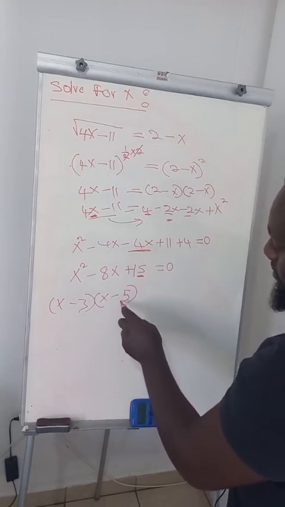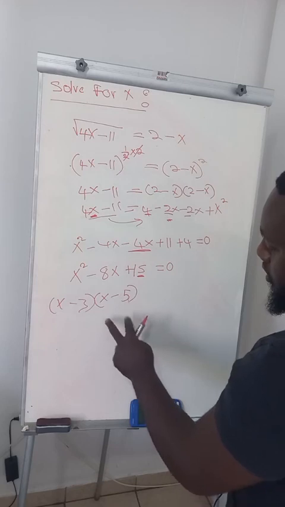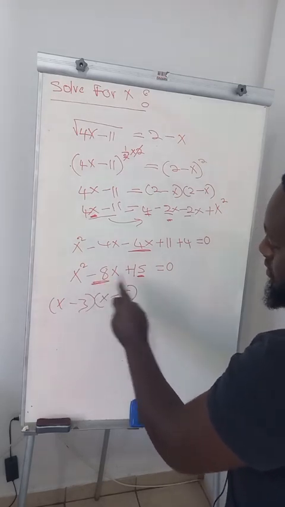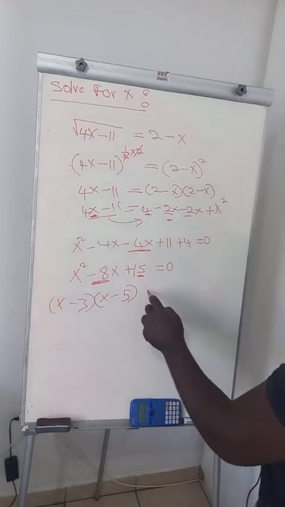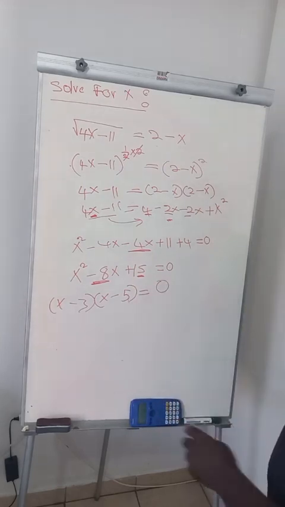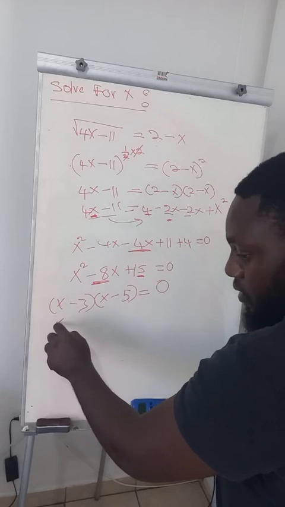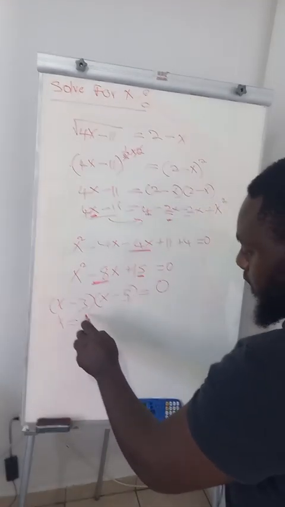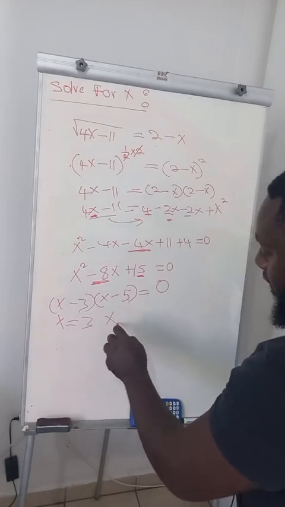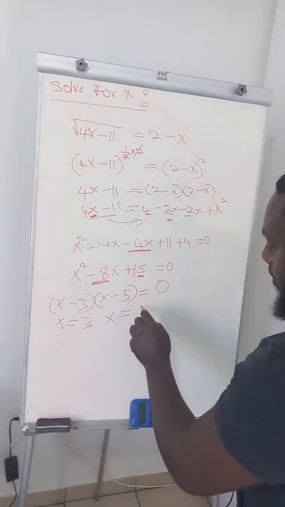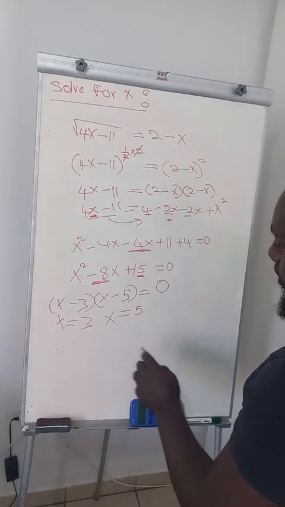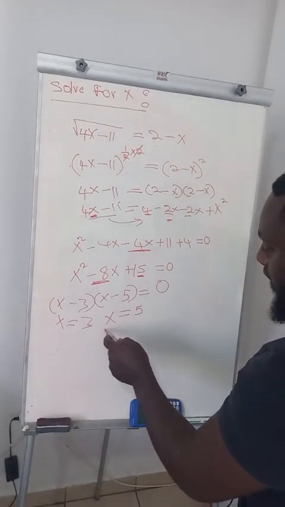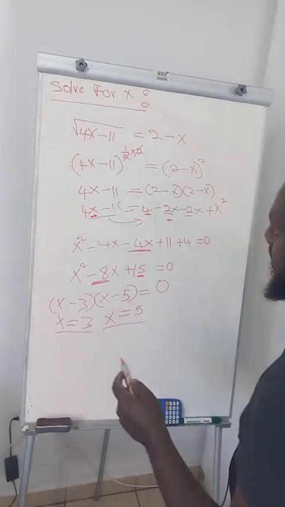The reason I'm saying minus 5 and minus 3 is because when I add the minus 3 and minus 5, they give me minus 8. So that's the reason. And then equals 0. So it means here your answer will be x equals 3, and then x is equal to what? 5.